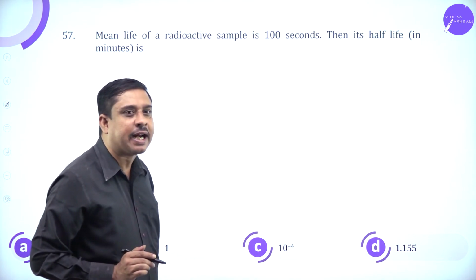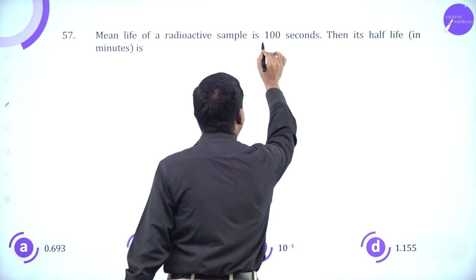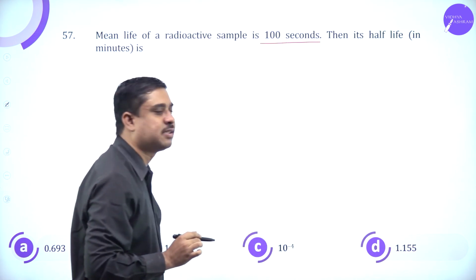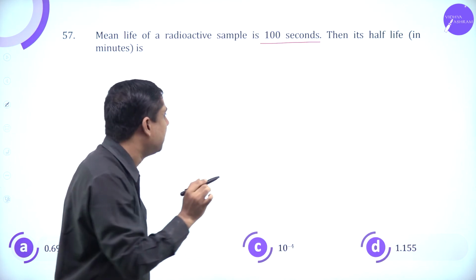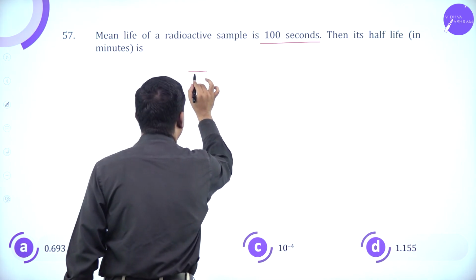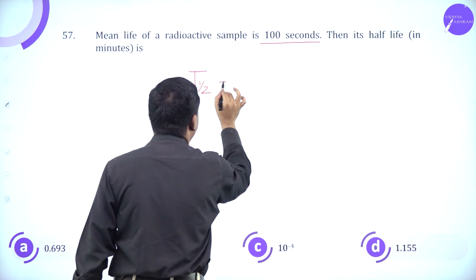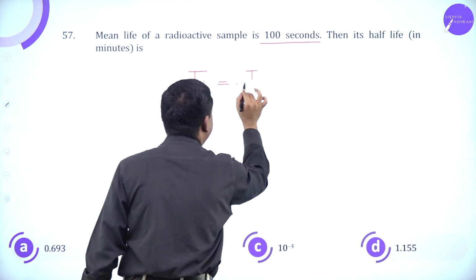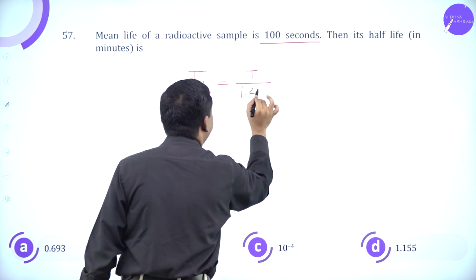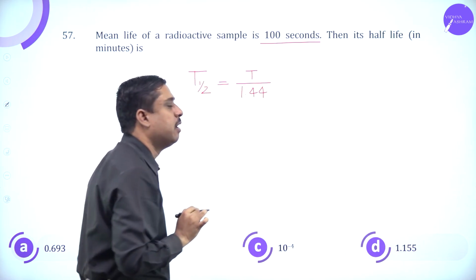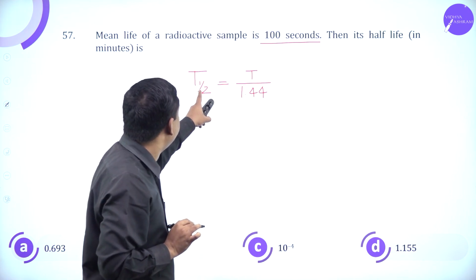Mean life of a radioactive sample is 100 seconds. Then what is its half-life in minutes? So we have T half is T mean divided by 1.44. Know this relation?